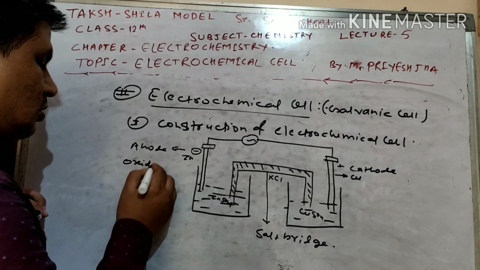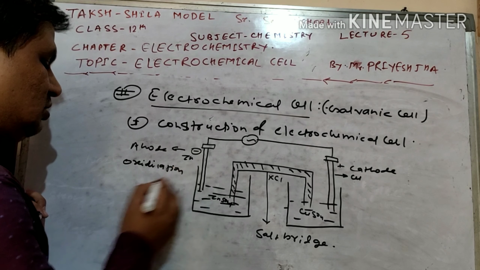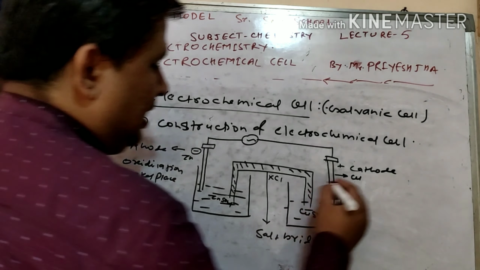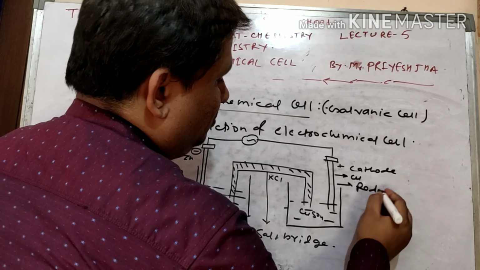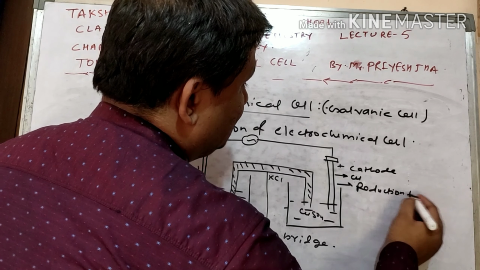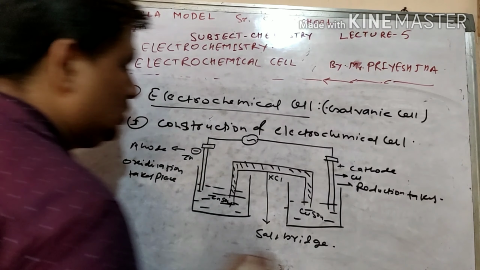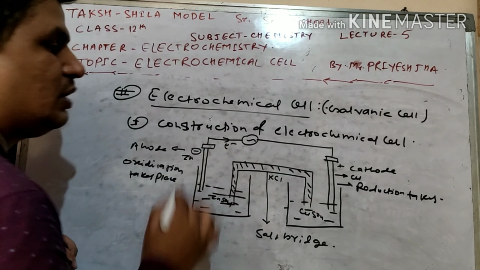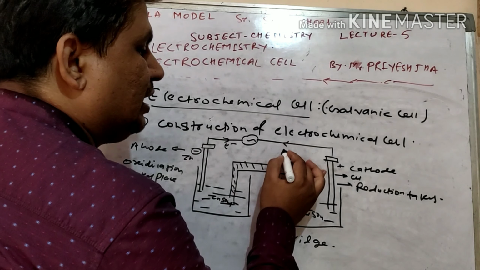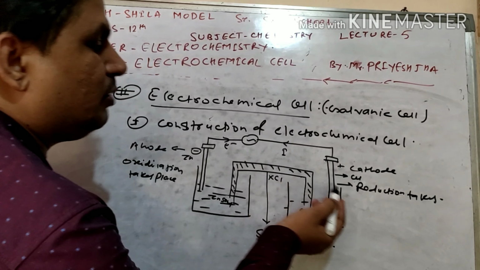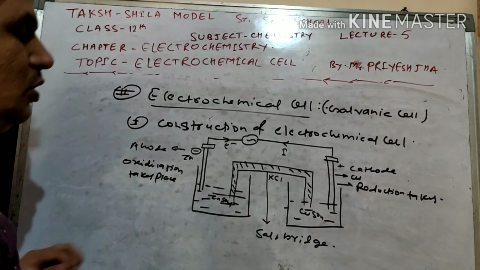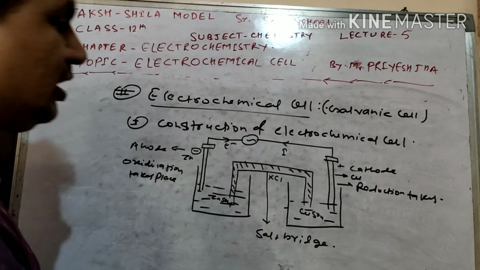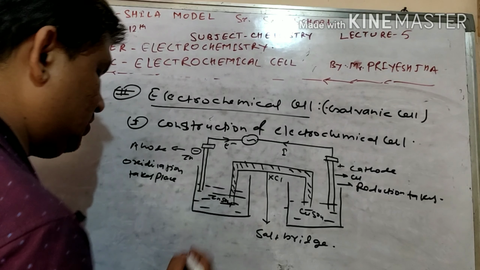In the anodic compartment oxidation takes place, and in the cathodic compartment reduction takes place. So the electrons move from anode to cathode, and the current moves from cathode to anode, because the direction of current is opposite to the direction of electrons.